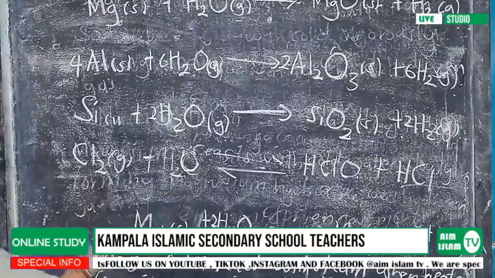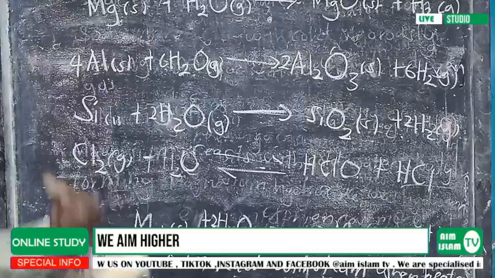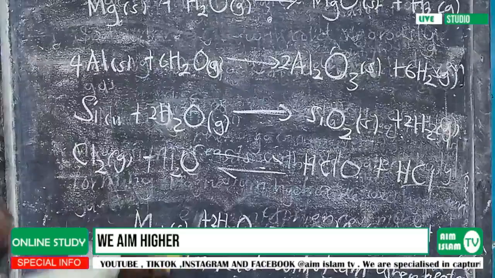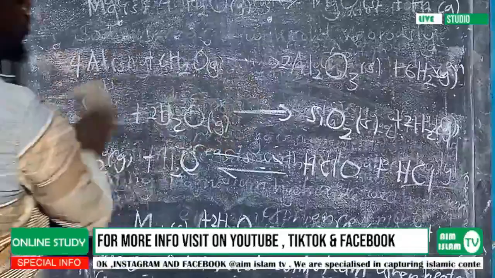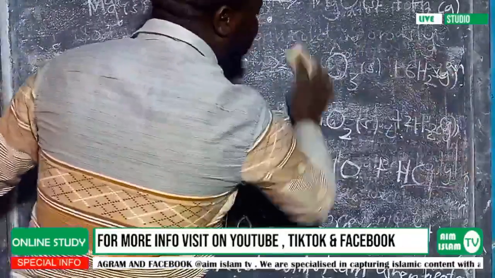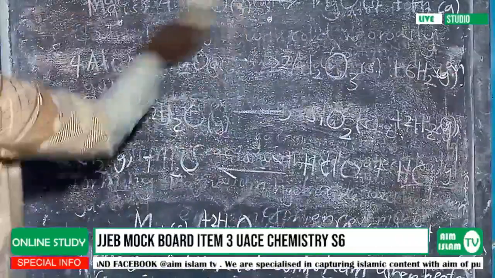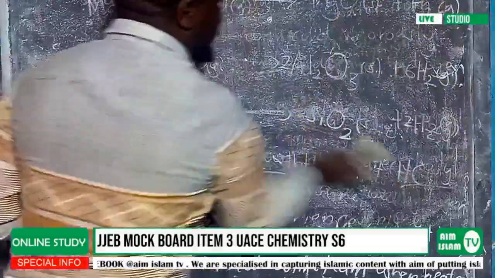Don't just say forming chlorides; you're supposed to mention the names of those chlorides formed when sodium and magnesium react with dilute hydrochloric acid: sodium chloride and magnesium chloride.